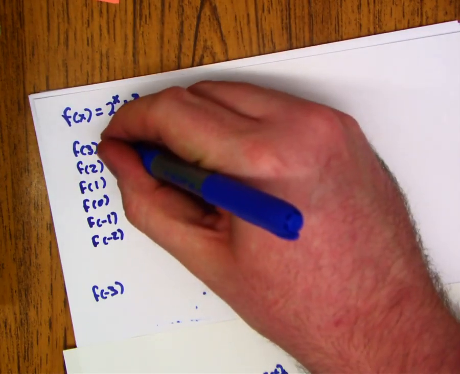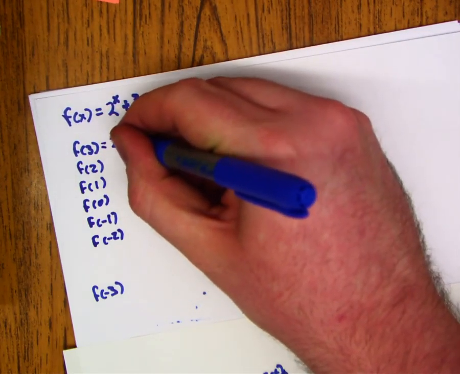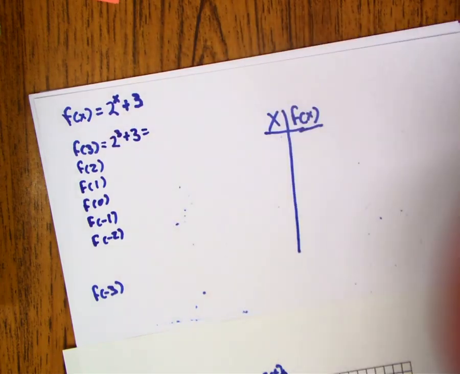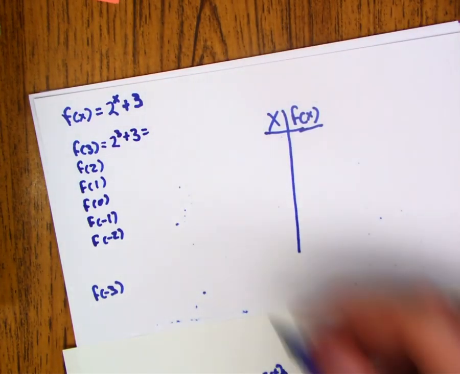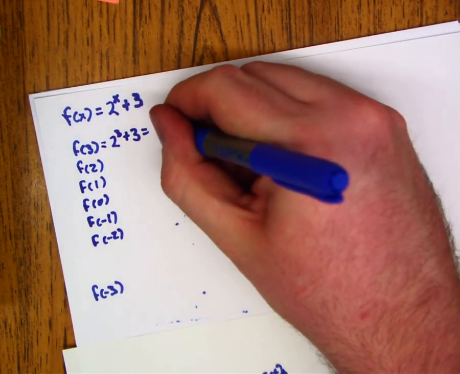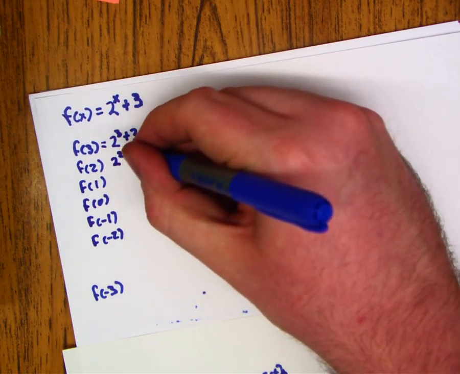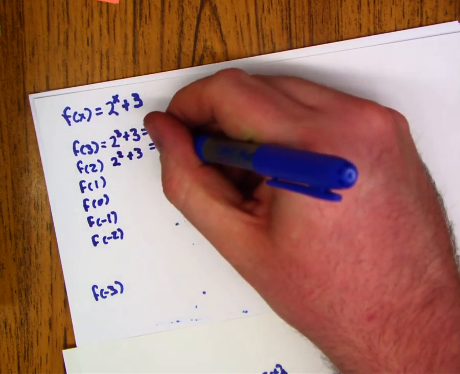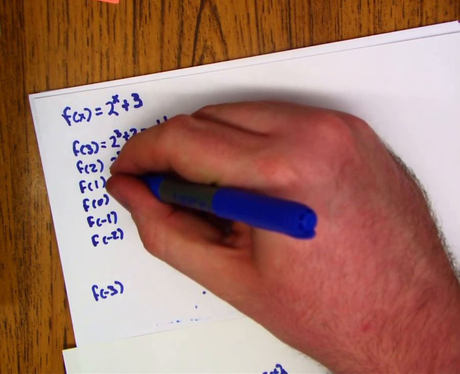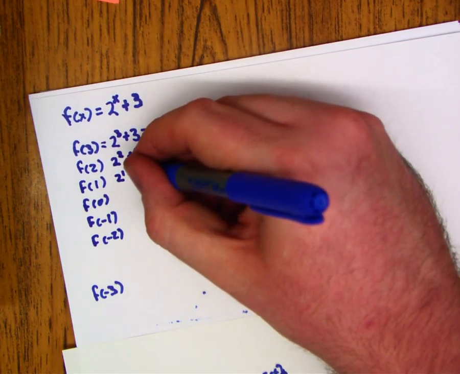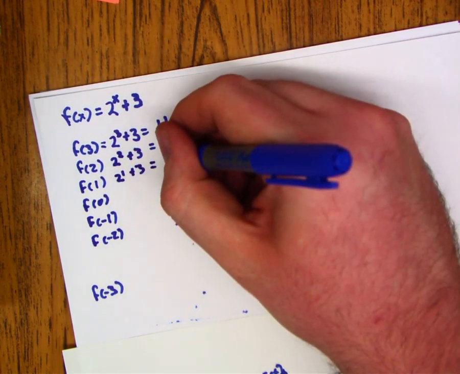All right, so that's going to be 2 to the 3 plus 3. Let's see, that's going to be 8 plus 3. That gives me 11. Then 2 squared plus 3, which gives me 7. 2 to the 1 plus 3, which is 5.